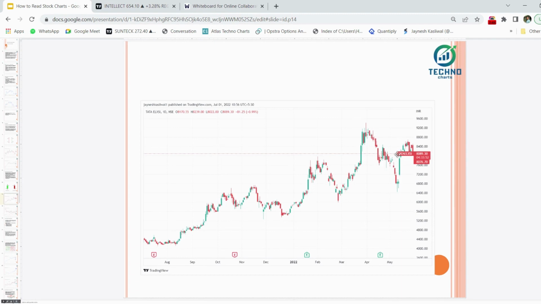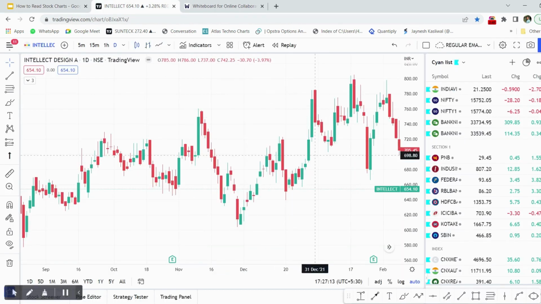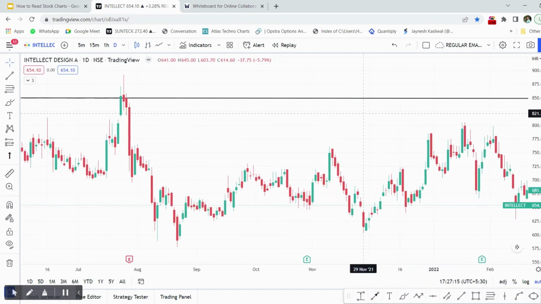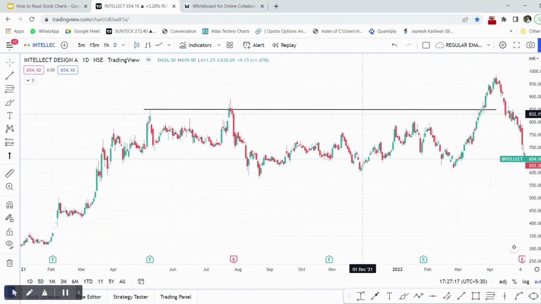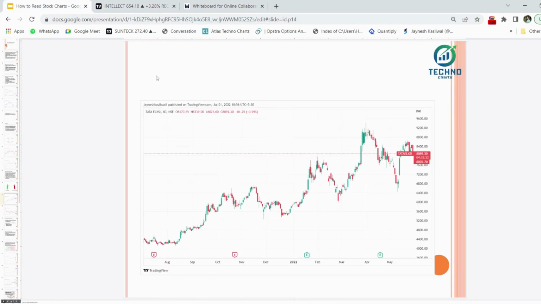So this is how a normal candlestick chart looks, and generally we use the normal candlestick chart in our day-to-day life, apart from the bar chart also. Bar charts look really cool, that's why most of the time you will see people using the bar chart, else candlestick charts are more than enough to analyze the trades, right?